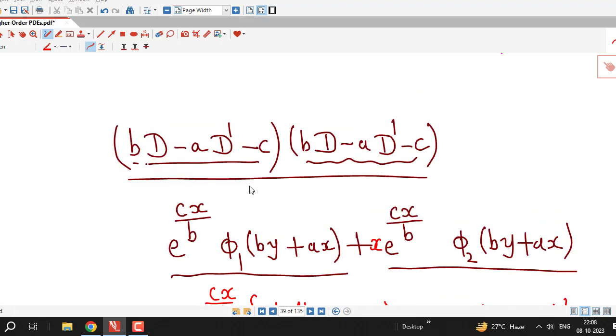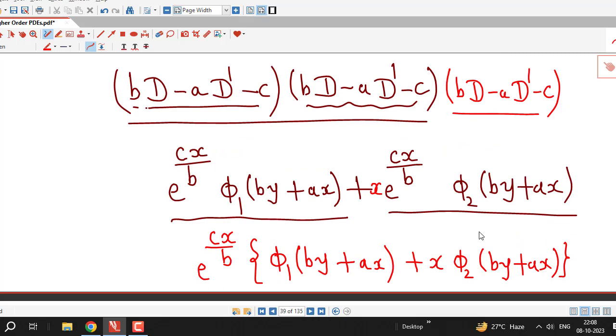Similarly, if we have this linear factor bD minus aD' minus c repeated 3 times, then here we will multiply one more term, that is x square times some arbitrary function of by plus ax denoted by phi 3.